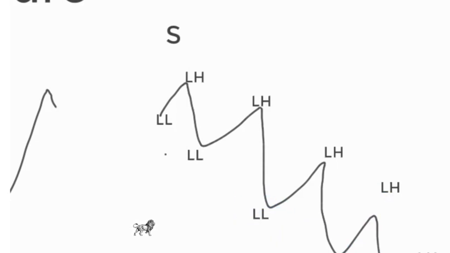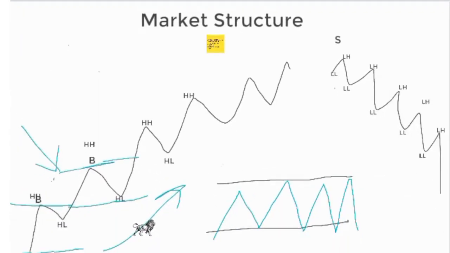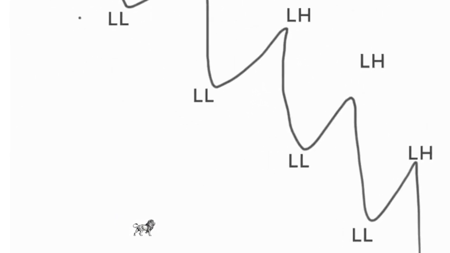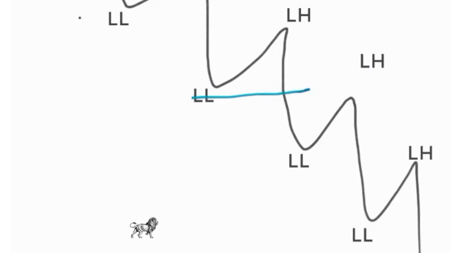And the last thing I'm going to talk about is the break of market structure, which is the B indicated here. I didn't put B here, but you understand this is it, because it's a low market. We're expecting price to get to this point and move upward, but it did not. This is support and resistance.